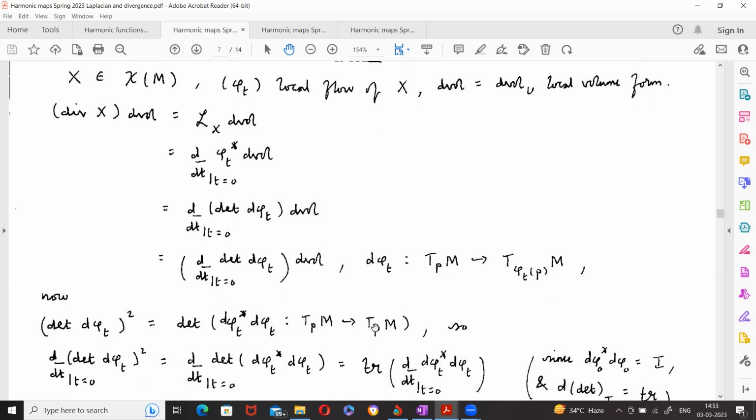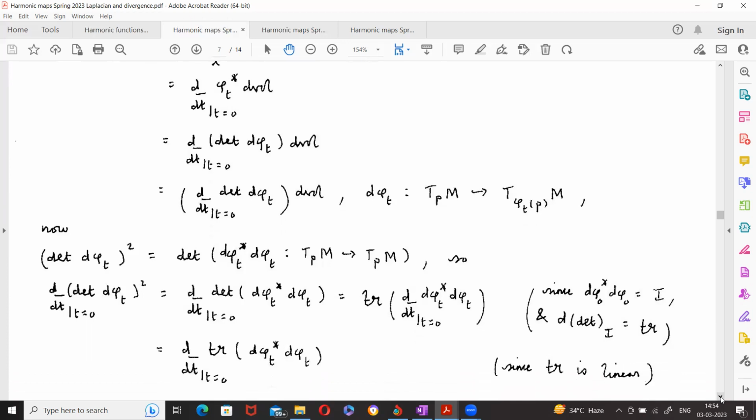Here d phi t star is the adjoint of a linear map between inner product spaces. So the adjoint will go in the opposite direction, from the tangent space at phi t of P back to the tangent space at P. So when I compose the two, I'll get an endomorphism of the tangent space. Is that clear?